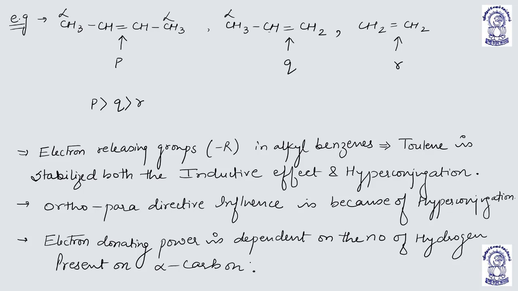Okay, like CH3, 3 alpha hydrogens, CH3CH2, this is the alpha hydrogen, this is the alpha carbon. 3, 2, 1, 0.